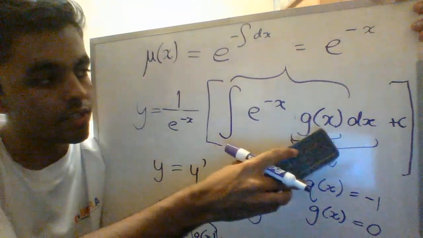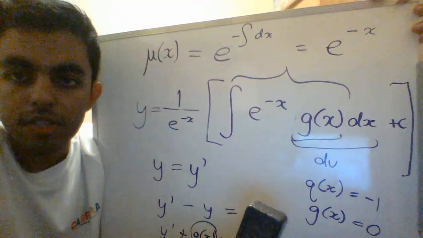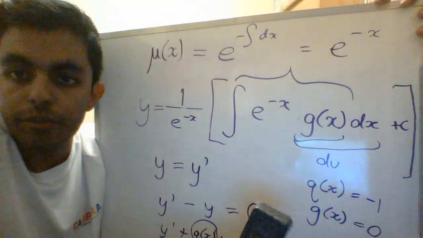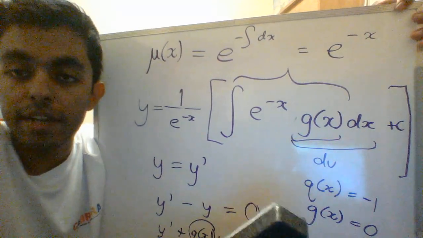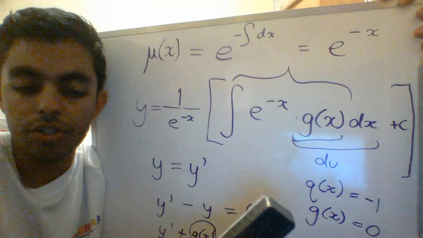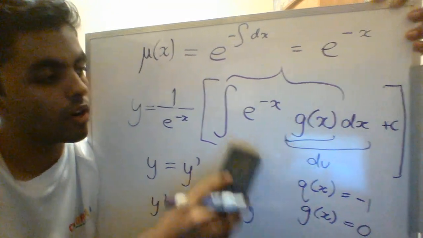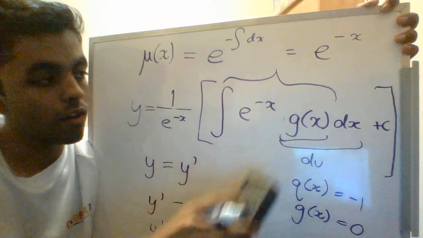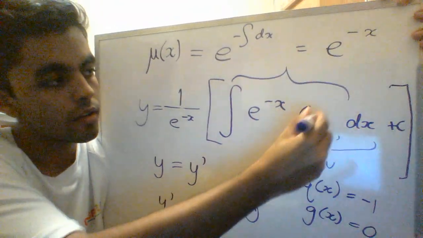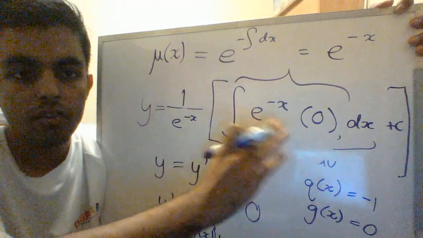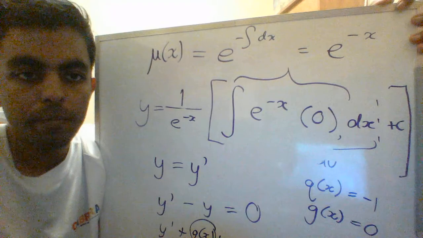And so if you plug in a 0 for this, all of this is being multiplied together. Taking the integral of 0, you're just left with a constant, right? The antiderivative of 0 is just a constant, because the derivative of a constant is 0. Alright? So you plug in the 0 for g of x right here. And then this whole integral, all the way up to the end of the dx right there, is just gone.